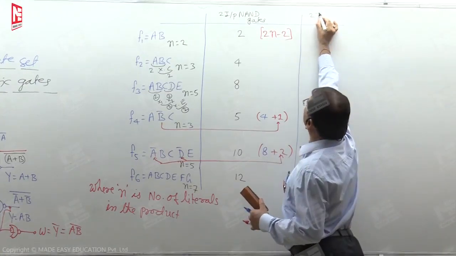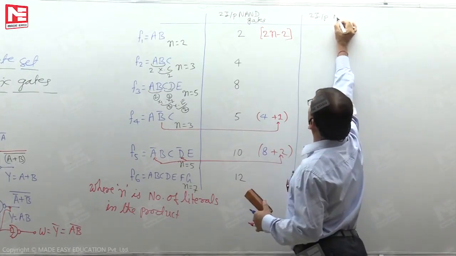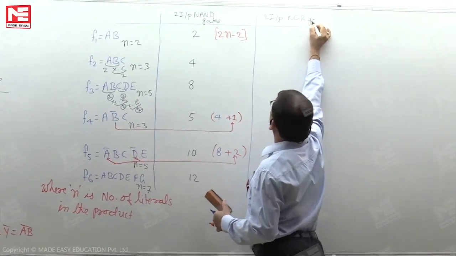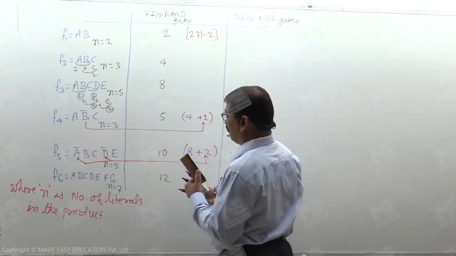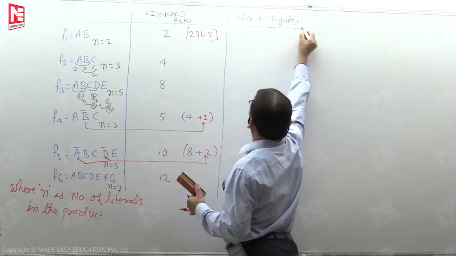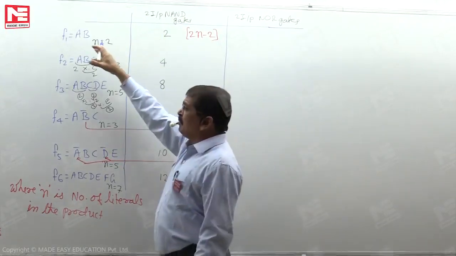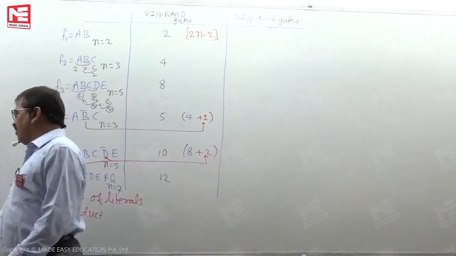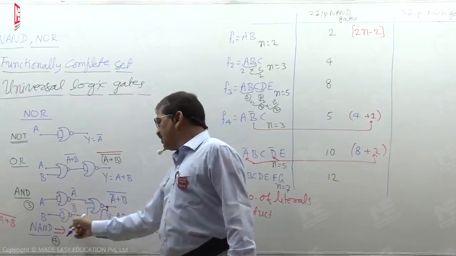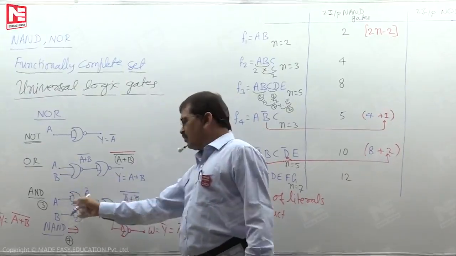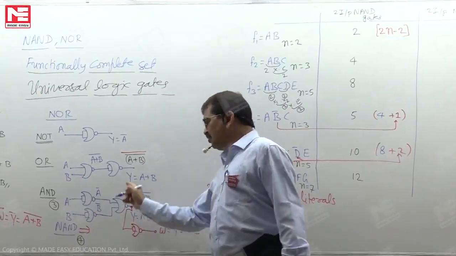So if you take the question with the minimum number of 2 input NOR gates, for the implementation of the AND operation, we know the circuit that we are looking at on the board. So we need 3 gates.